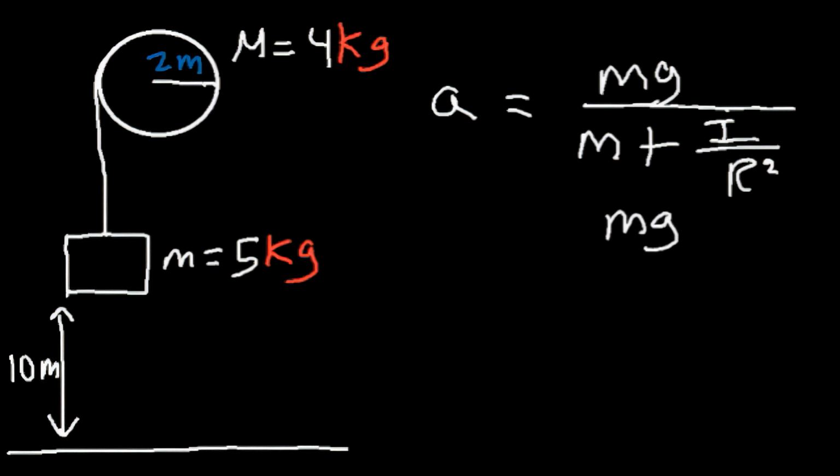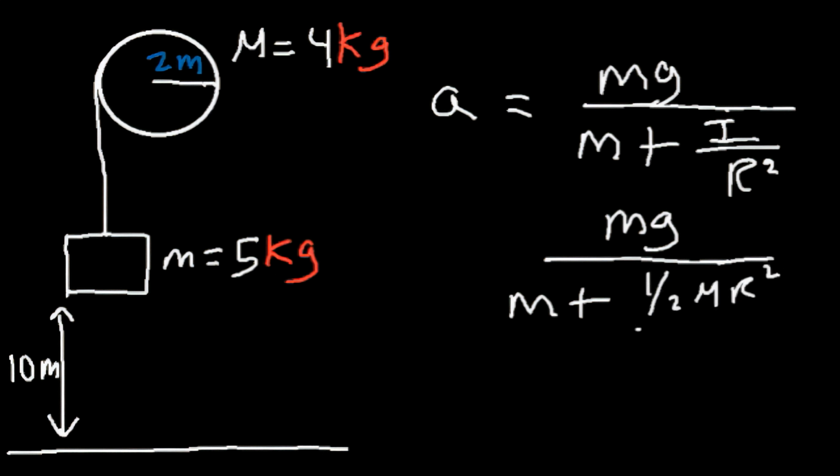In this case, the inertia of the disk is 1/2 m times r squared, and then divided by r squared. So these two cancel, and it's simply 1/2 m. So that's the inertial mass that we need.